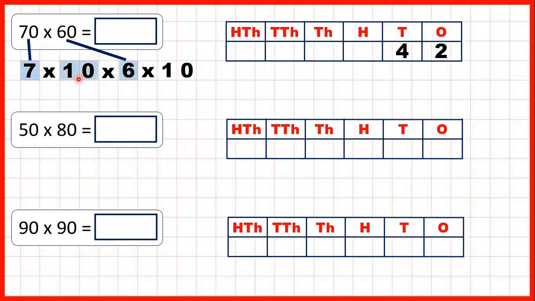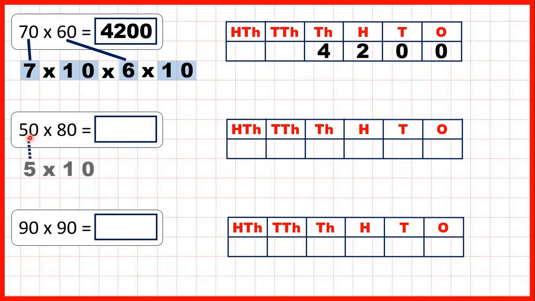Then, to multiply by 10, we know that the digits move 1 square to the left, and we can write a 0 in our empty ones column. But then we need to multiply by 10 again. So again, we can move the digits 1 square to the left, and again write a 0 in our empty ones column. So that's why our answer is 4,200.